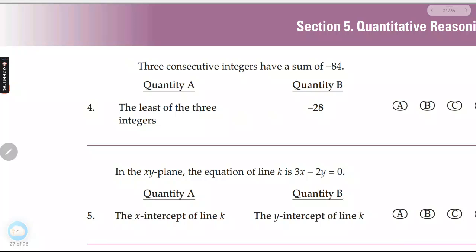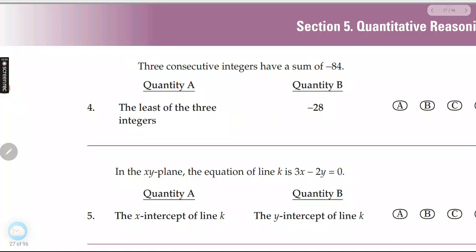But for question number 4, what do you understand by consecutive integers? Consecutive integers have a sum of minus 84. What are those consecutive integers? Do you know how to go about this? 84 divided by 3 will give you the middle of those numbers, right?